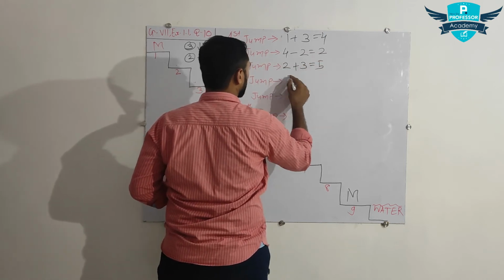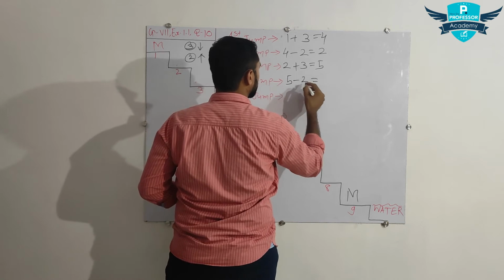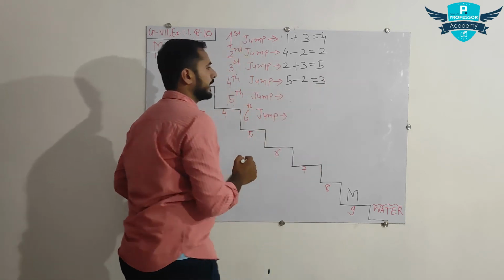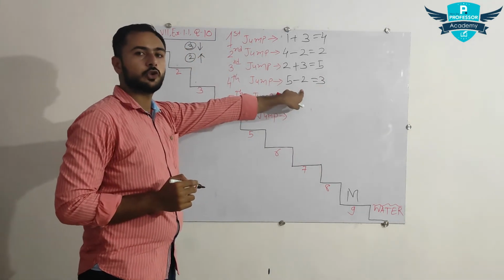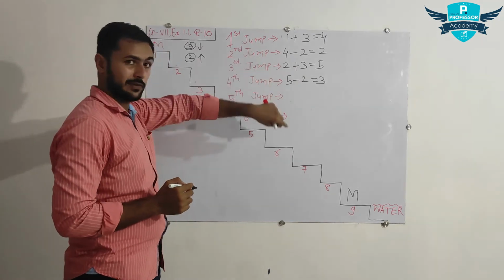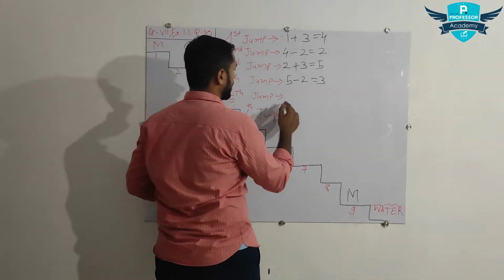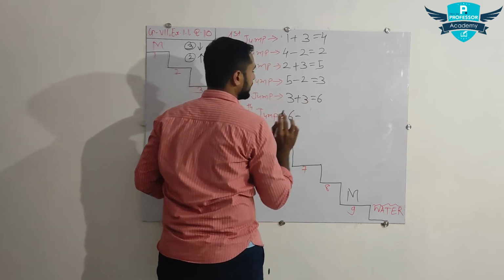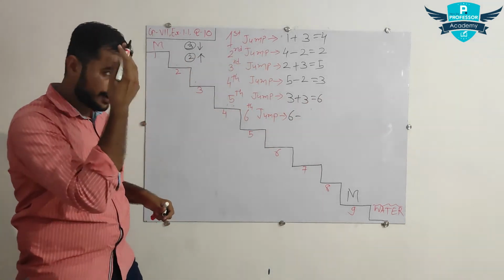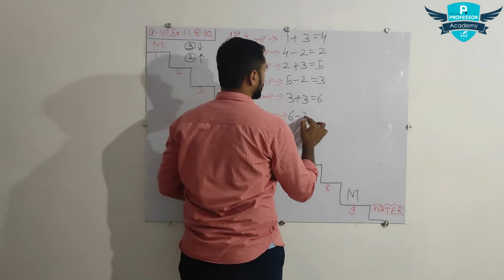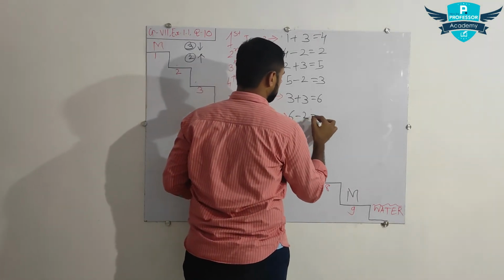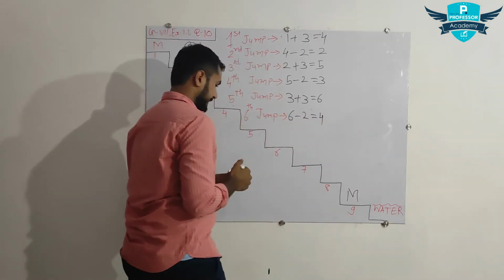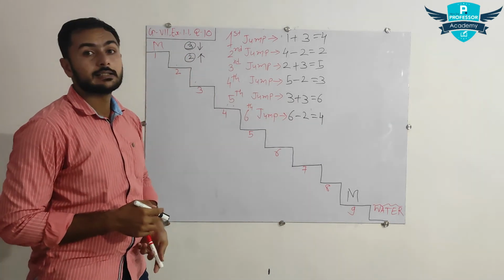So 5 minus 2, that is 3. Now again he will come 3 steps downwards, so 3 plus 3, that is 6. Again 6 minus 2 steps upwards, that is 4. Still we need to go till the ninth one.